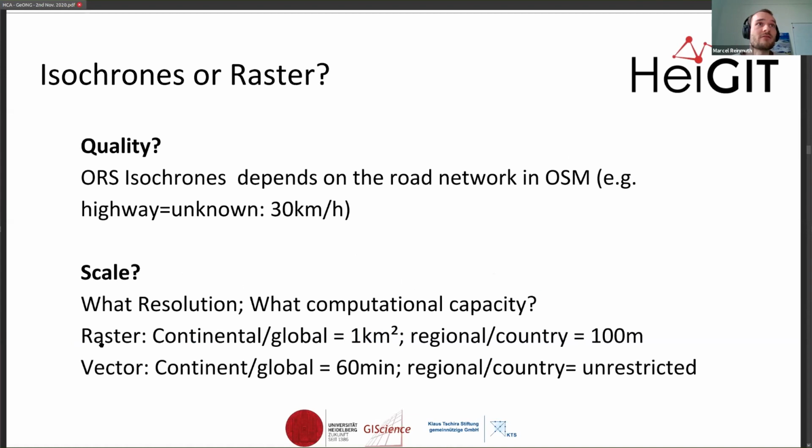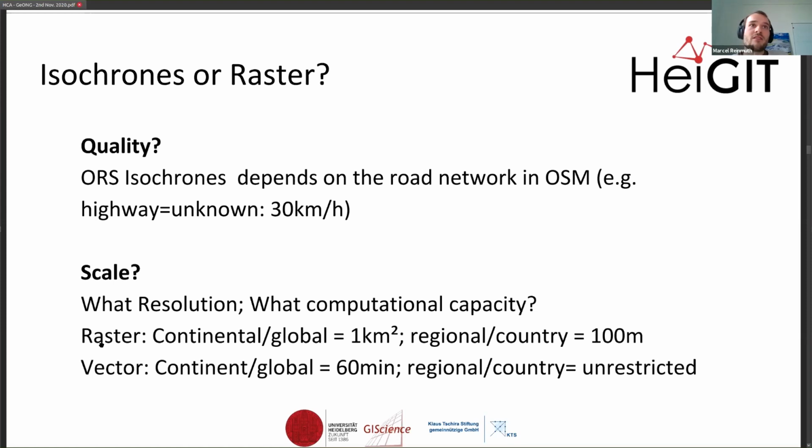The last slide, isochrones or raster. Of course, quality, I already mentioned it. As the isochrones depend on the road network, you all have to consider that. If you work in a region where the OpenStreetMap road network is not reliable, you cannot use this tool.